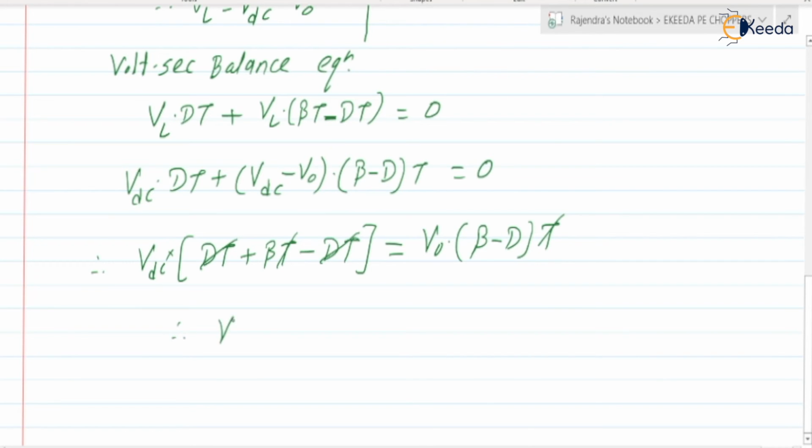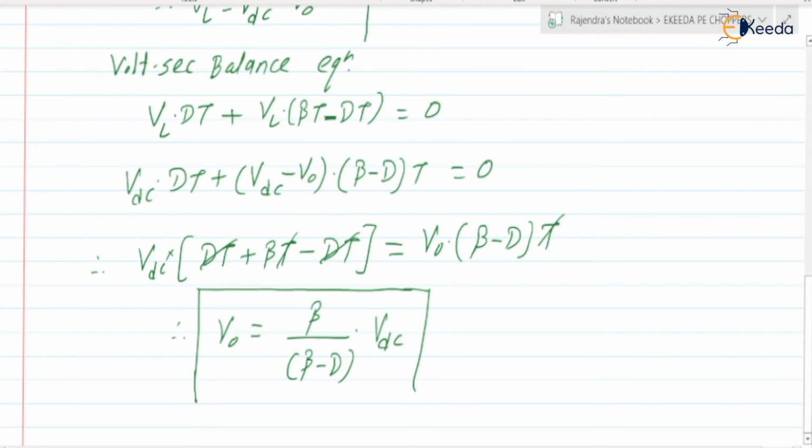Therefore V0 is equal to what? It is beta upon beta minus d into VDC. V0 is equal to beta upon beta minus d into VDC, right?